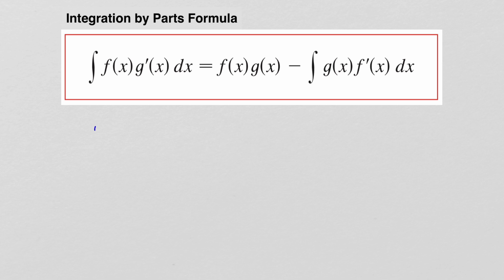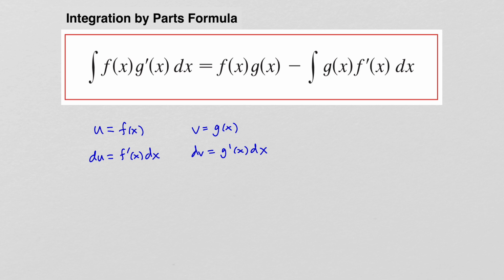Let's suppose I let u be equal to f of x, and I let v be equal to g of x. Then we know that du would be f prime of x times dx, and dv would be g prime of x times dx.